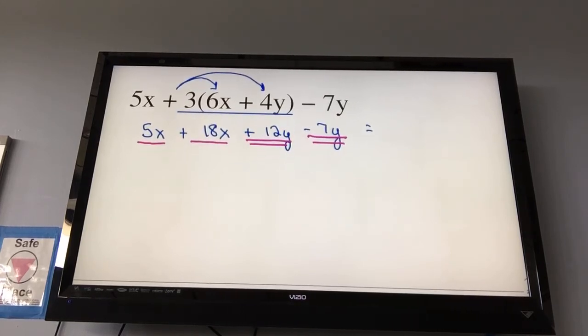So for my x's, positive 5 and positive 18 is positive 23x. Positive 12 minus 7, positive 5y. So if you end up with like terms, collect, combine, add, subtract, whatever words you want to use, those terms.